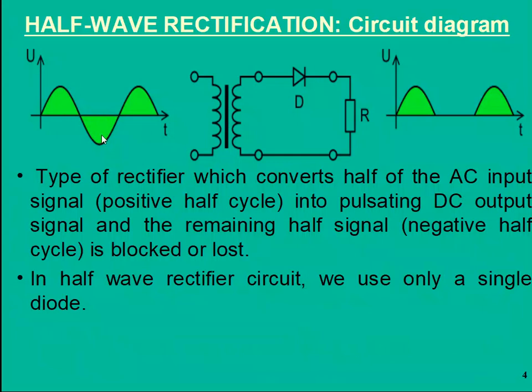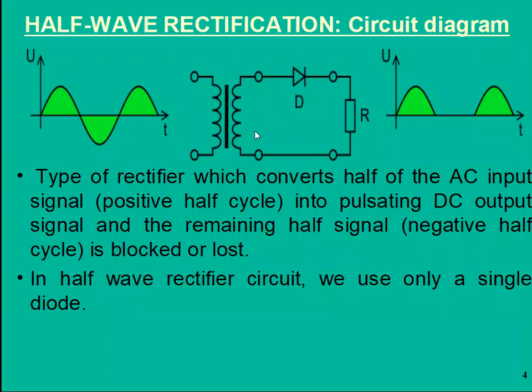Using the transformer, which will give an output that is AC, alternating current, but stepped down, that means the voltage will change. If we use a step-down transformer, then the output voltage will decrease. If we use a step-up transformer, then the voltage will increase, right?